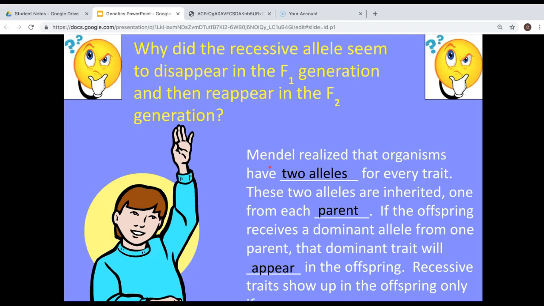The recessive traits only show up in the offspring if the offspring receives recessive alleles from each parent. So let's look at this real quick.